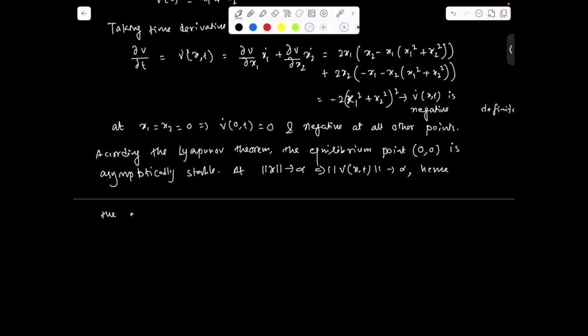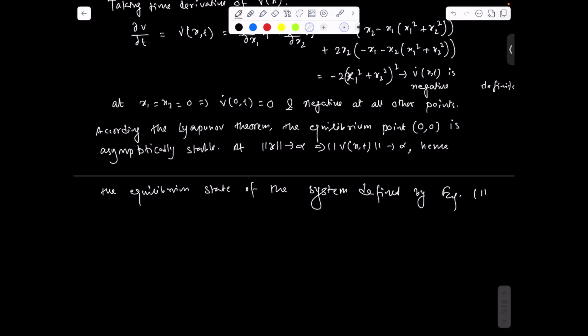So hence we can write the equilibrium state of the system defined by equation 1 is asymptotically stable in the large, because we are taking large values of x1, x2.